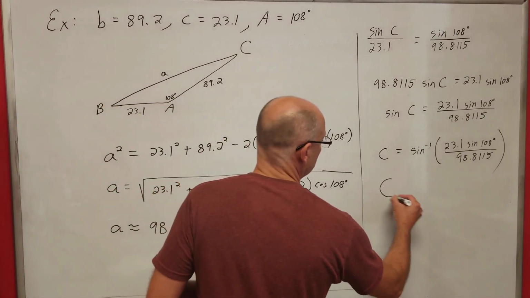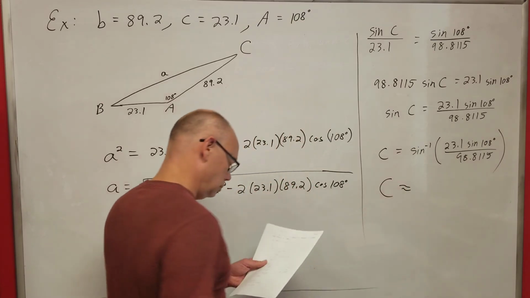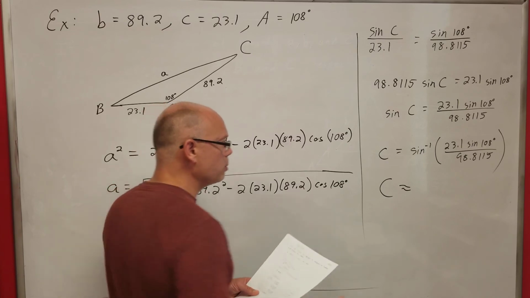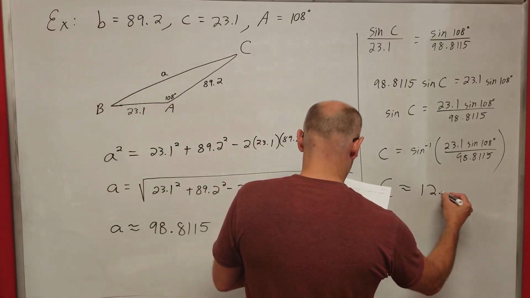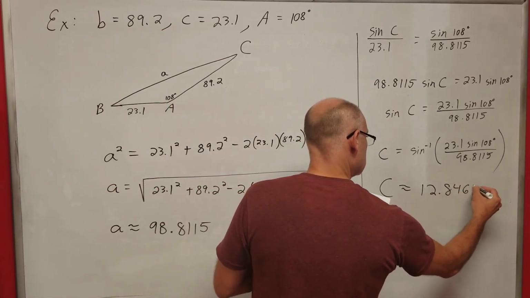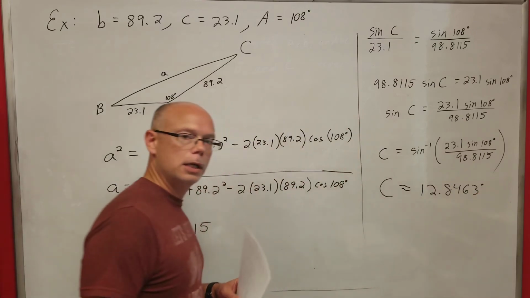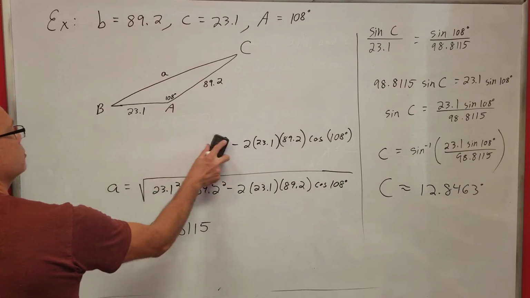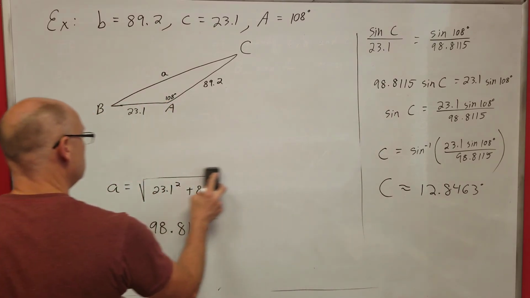And then what do I get here? Whenever I look at this rounded to 4 decimal places, I get 12.8463 degrees for angle C. All right, what's next?